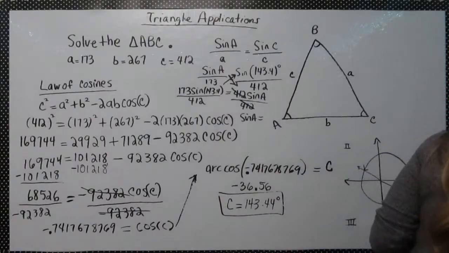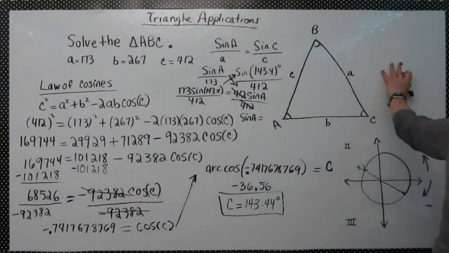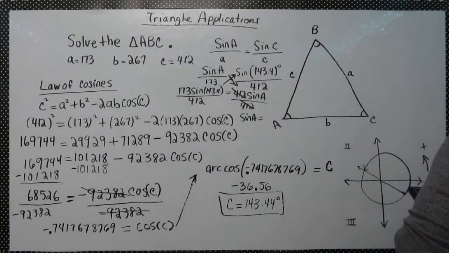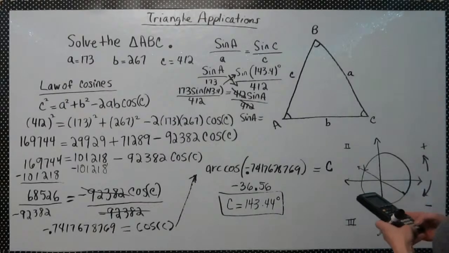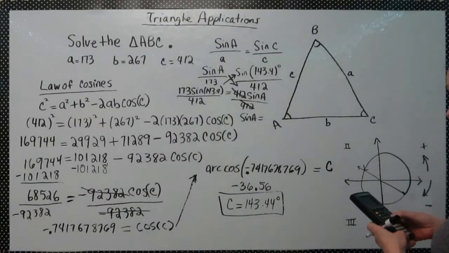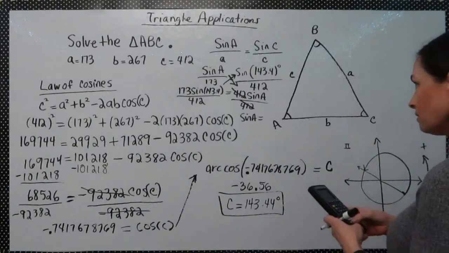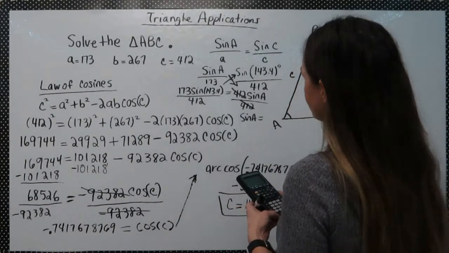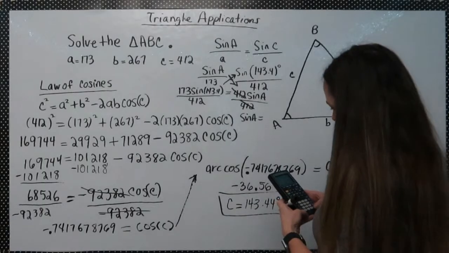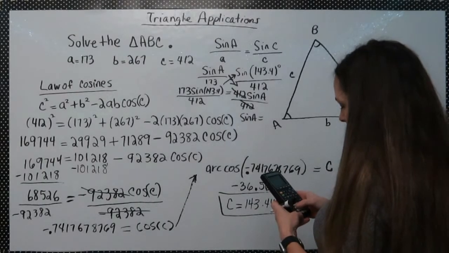I'm going to go ahead and erase. No, I got this room over here, I'll just keep it. All right. 173 times the sine of 143.4 divided by 412.